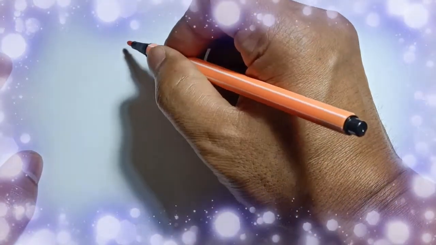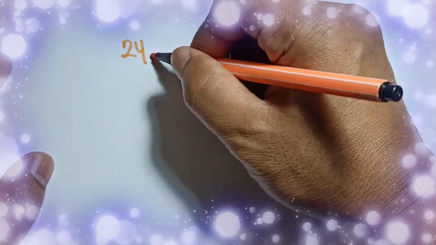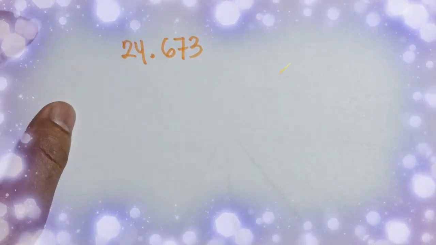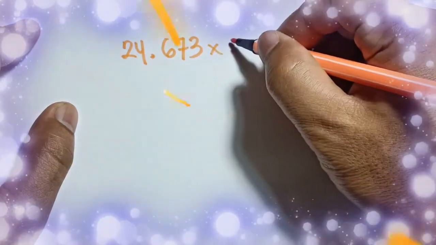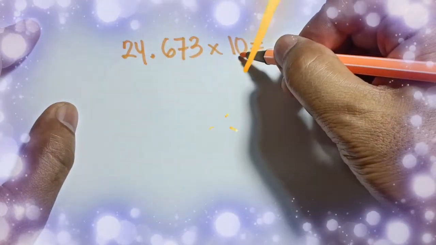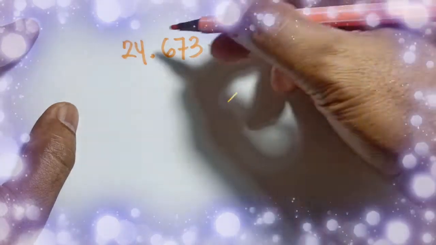Okay, so let's take another example. Let's say you have 24.673 times 10. Again, in 10 there is 1 zero, so you move your decimal point to the right one time.